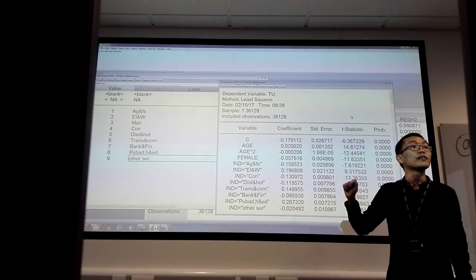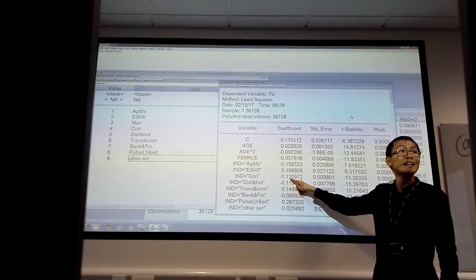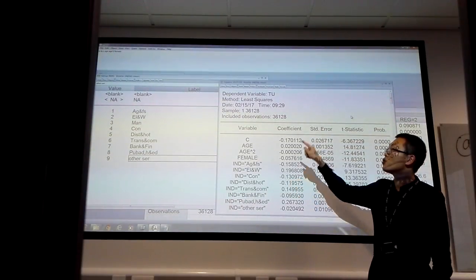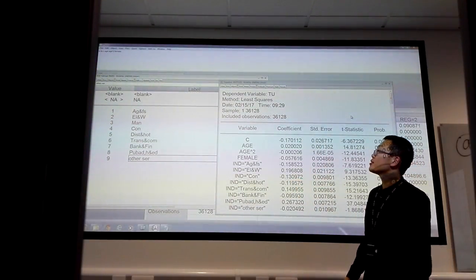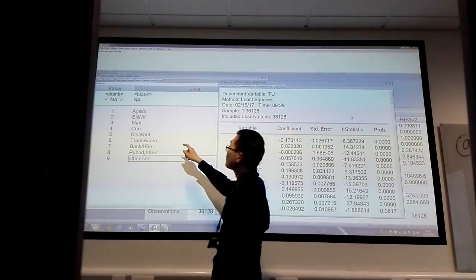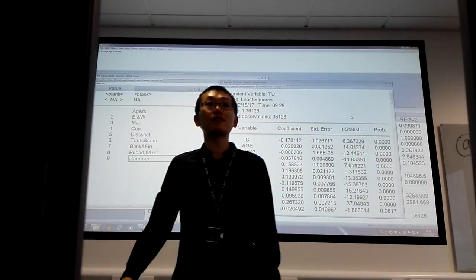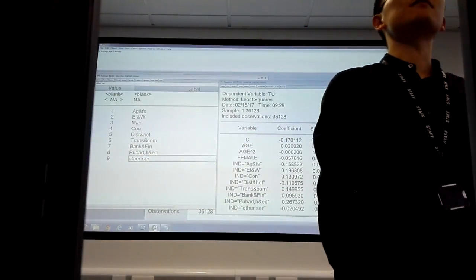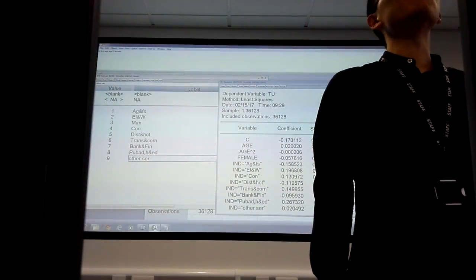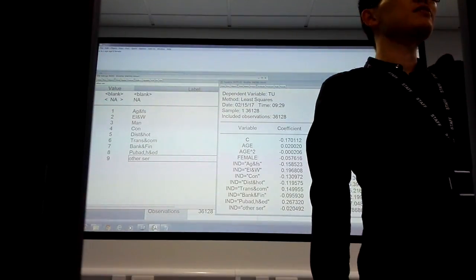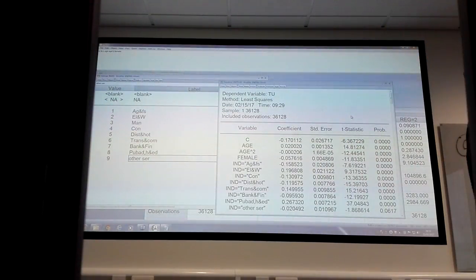Is that clear? So this 13% is the relative probability to the participation decision of the reference category individual, who is coming from the manufacturing sector. The reference individual will always be the category whose dummy you drop.